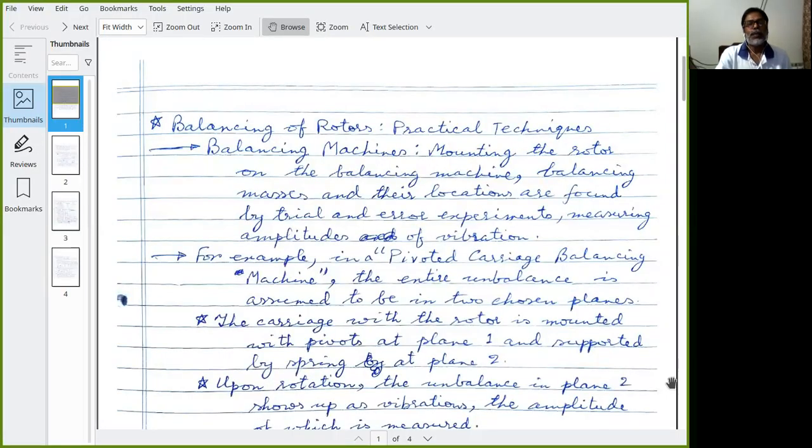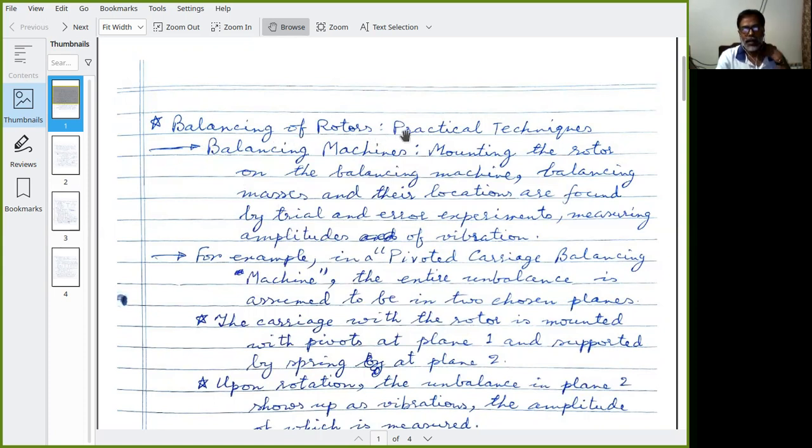Well, based on the basic theory that we worked out in the previous class, in this lecture we will cover balancing of rotors, the practical things.